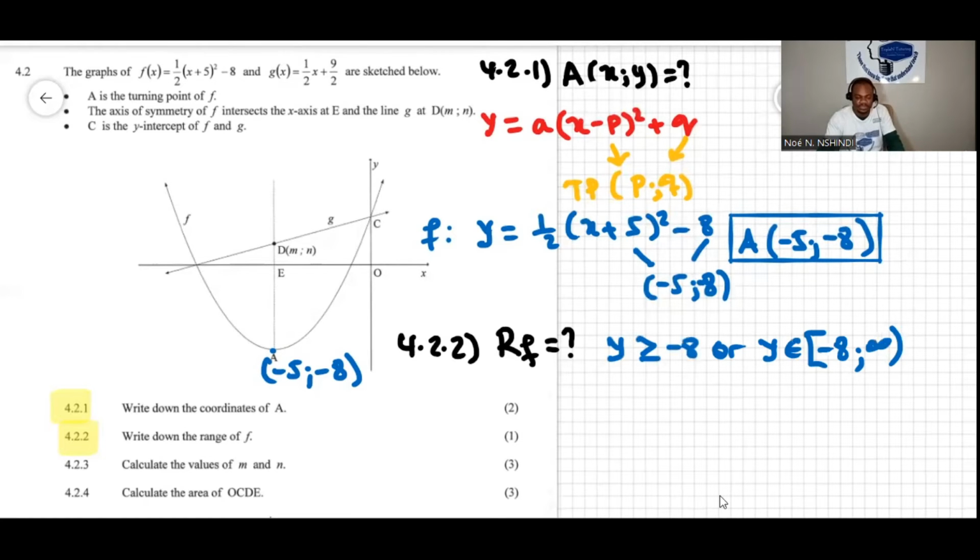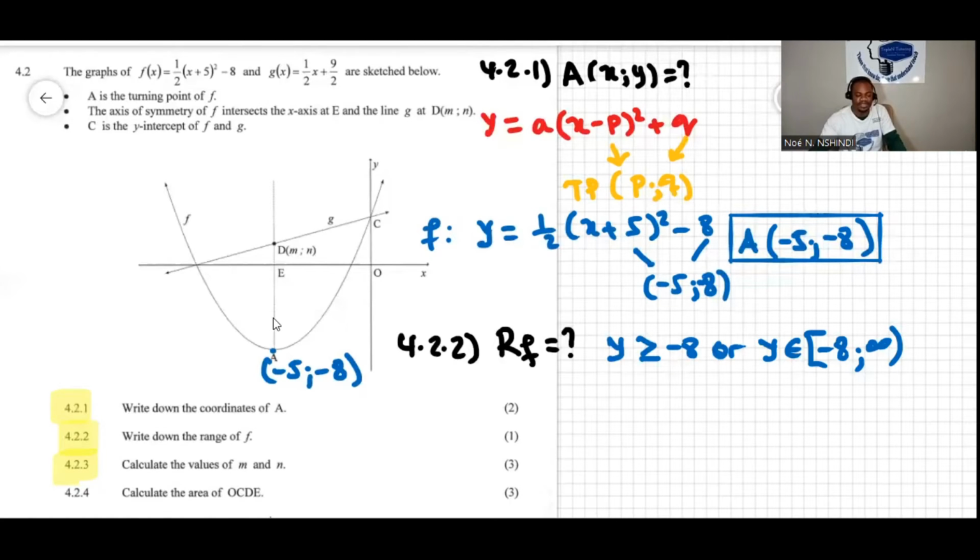The following question is question 4.2.3. The question says calculate the value of m and n. We can notice that the axis of symmetry of f intersects the x-axis at E and the line g at D, which is (m, n).